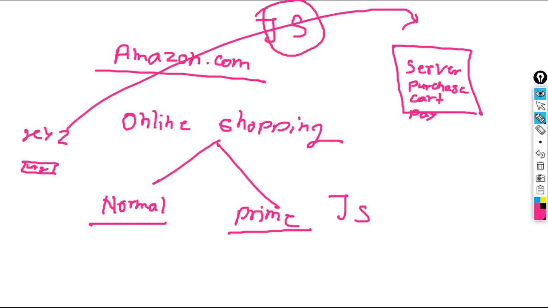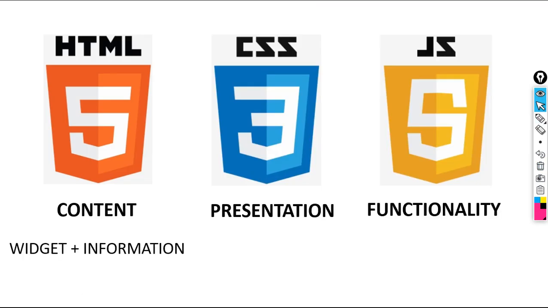So this was a basic real life example of HTML, CSS and JavaScript. HTML is used to provide content, CSS is used to provide decoration, JavaScript is used to provide functionality to that particular web page. I hope now you have a better understanding of the exact difference between HTML, CSS and JavaScript.